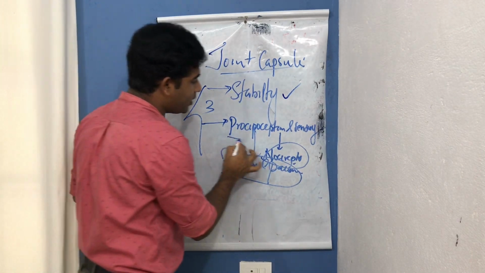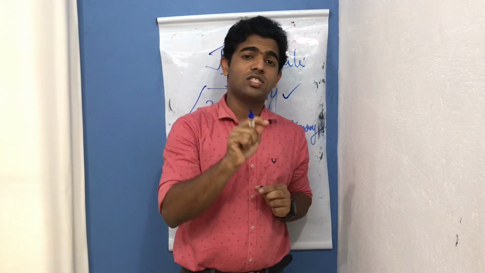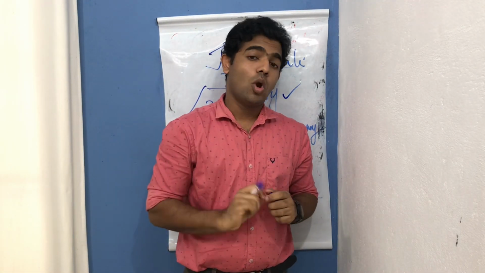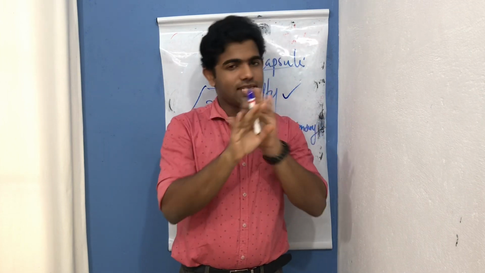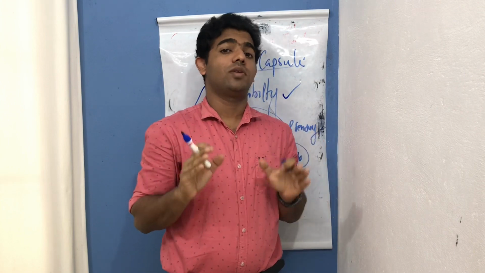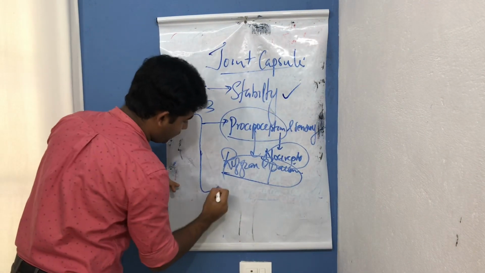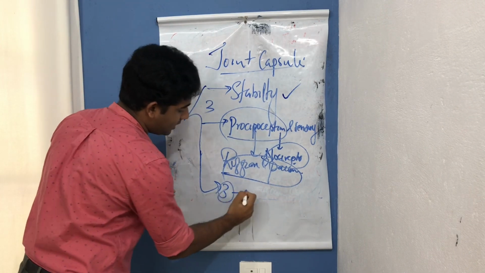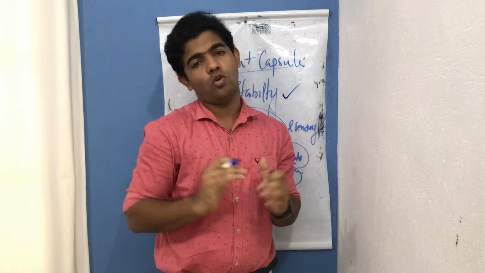Here the proprioceptive feedback is actually done by a reflex stimulation or reflex activation of the muscles. You don't need to worry about that. Just remember, the mechanoreceptors help in the stability as well as proprioceptive feedback of the knee joint. Right, and the third function, you know that the knee joint has a synovial membrane and synovial fluid.